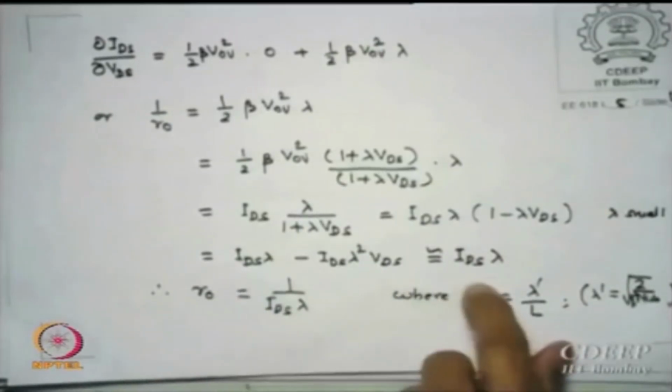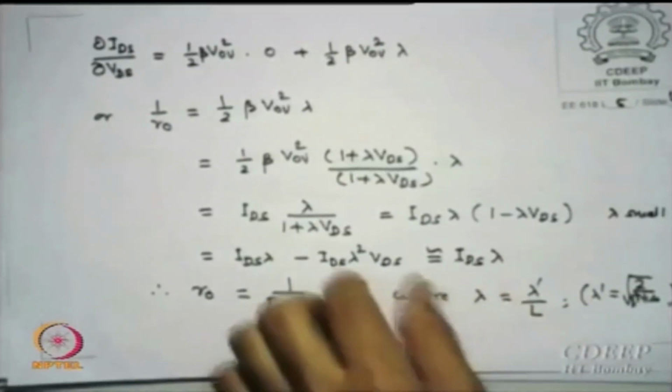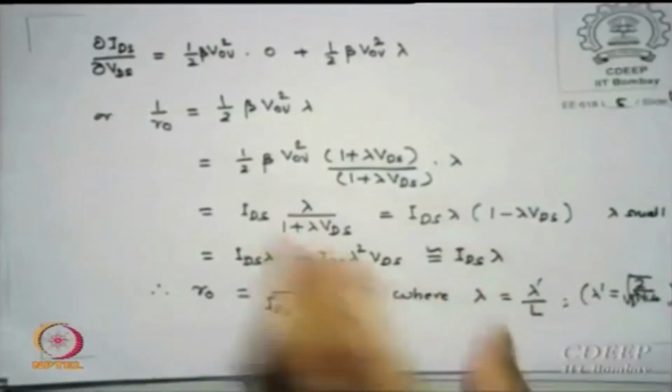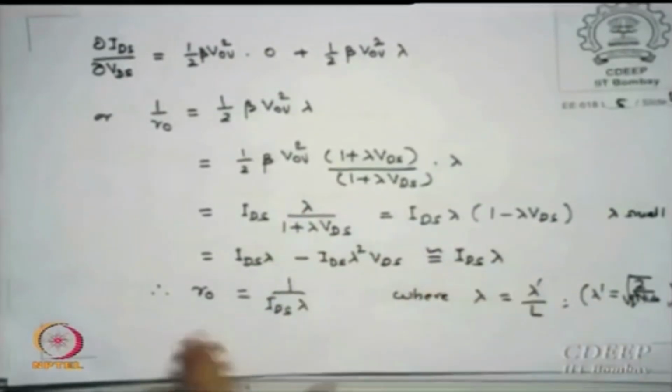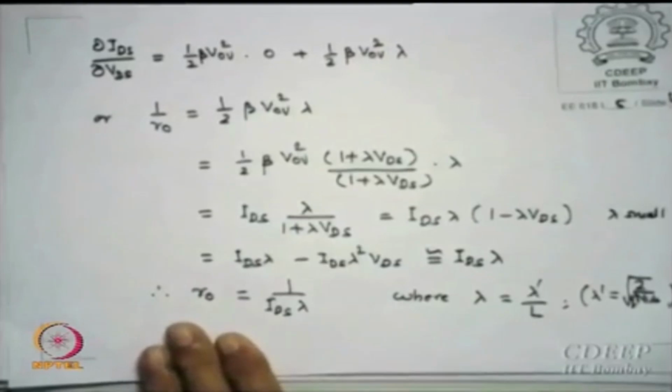If I expand, this is roughly equal to IDS lambda, since if lambda is small, lambda square is even smaller. So in all expressions R0 is 1 upon IDS lambda. So if I am specified lambda or VA, I have knowledge of my R0.